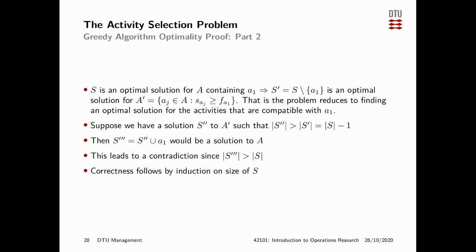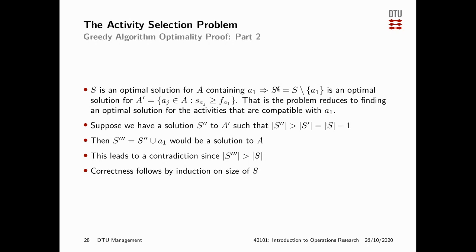The second part of the proof is maybe a little bit trickier, but it's in a similar style. We still have S, which is our optimal solution to the activity selection problem. So it's a subset of the activities in A, and it contains the first activity. We're now going to construct S prime, which is the solution minus the first activity. So we remove the activity with the earliest finish time.